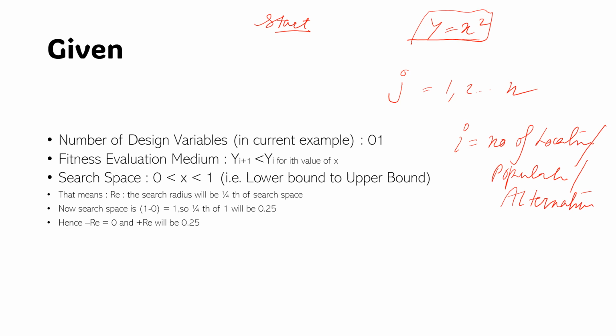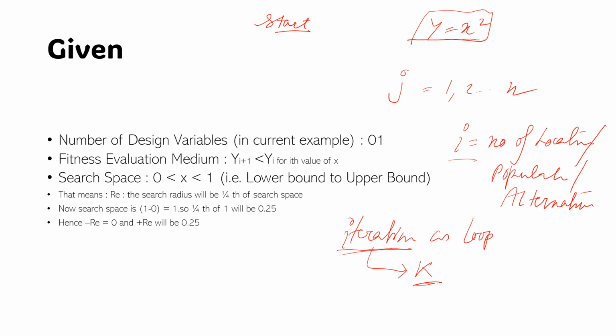However, in this algorithm, we represent the number of iterations as loop, and we use the variable k to represent the iteration number. Okay, and we use the variable i to represent the number of locations, population, or alternatives.